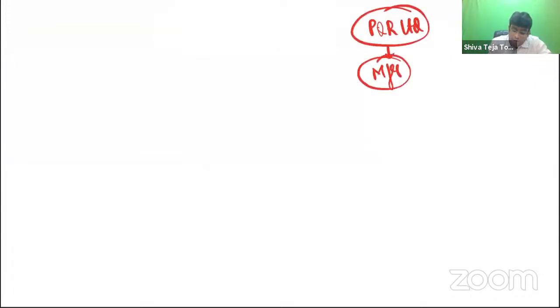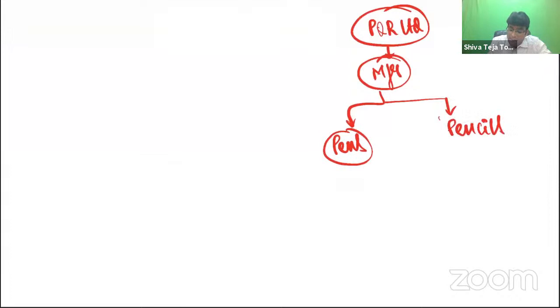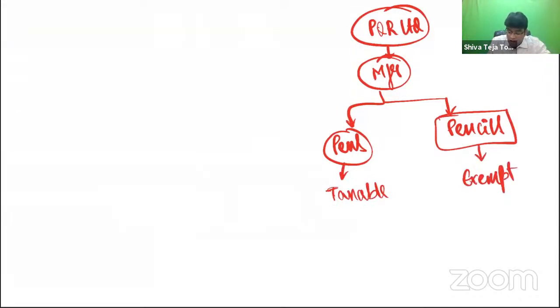See carefully here. Let's say there is one entity known as PQR Limited, which is a manufacturer, and they are manufacturing two products, pens and pencils. An interesting point is that pens is a taxable product, pencil is an exempted product.